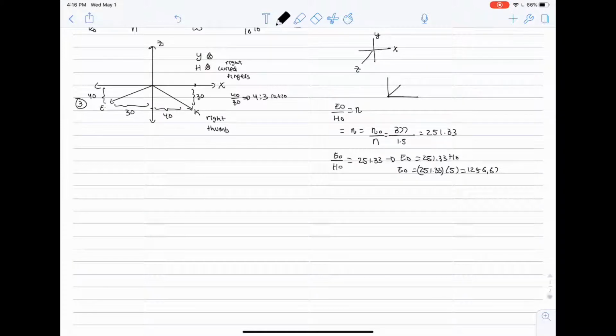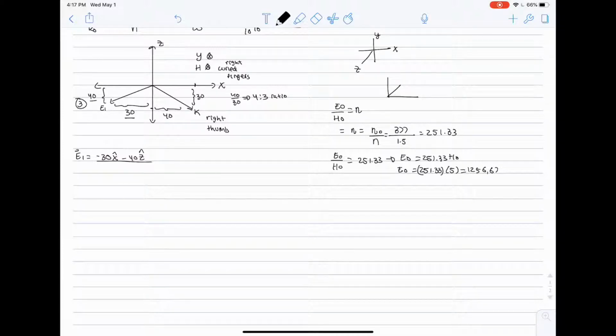And I forgot to label E1. So our E1 is going to be the direction first, which is negative 30 x hat minus 40 z hat.